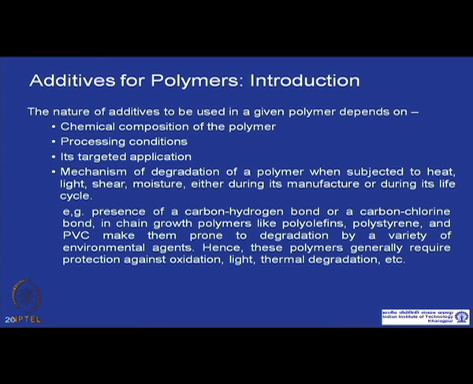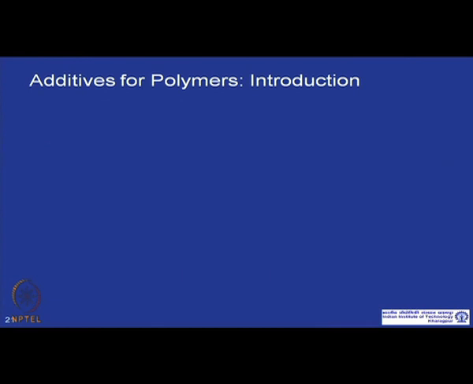So, these polymers generally require protection against oxidation, protection against UV light, and thermal degradation, etc. This is an example of the chemical structure. We need to keep in mind the chemical structure of the polymers when we design an additive.